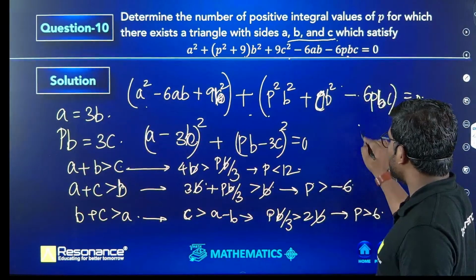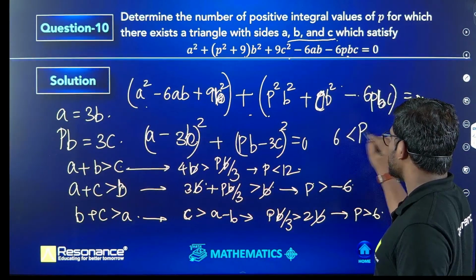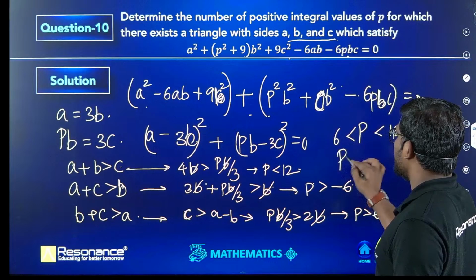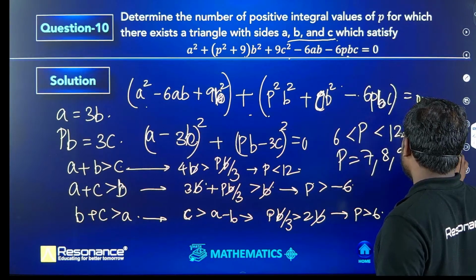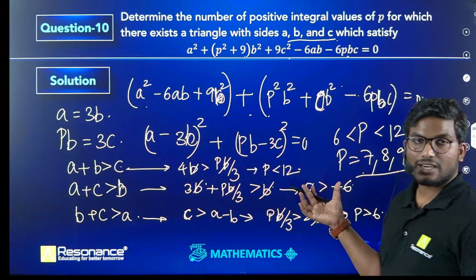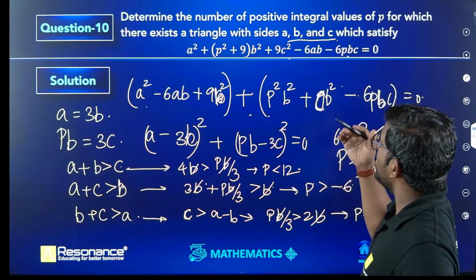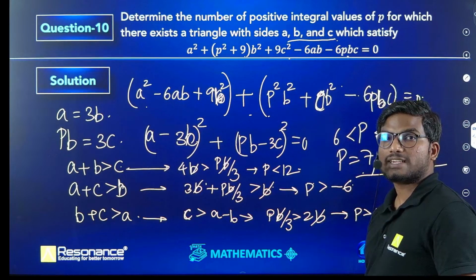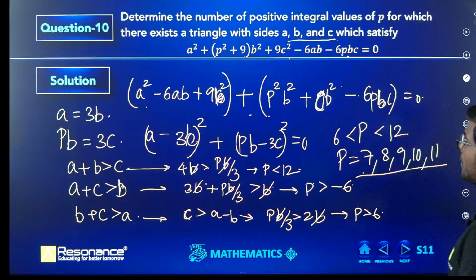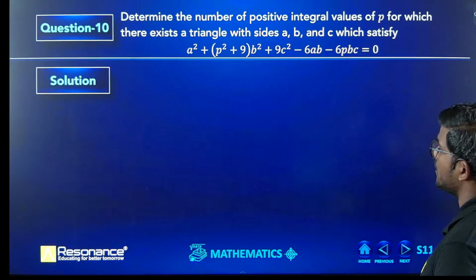Now we got that P is greater than 6 and less than 12. So P can take integral values 7, 8, 9, 10, 11. So there are 5 integral values of P that suggest there exists a triangle with sides A, B and C, and the given condition follows.